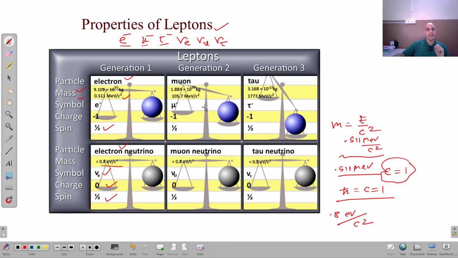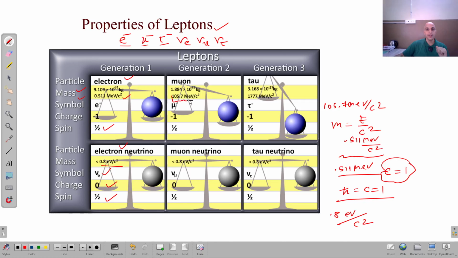Now, if you come to the second generation, muons, right? Muons are heavier than the first generation particles, I mean electrons. The mass is 1.884 into 10 raised to power minus 28 kilogram. In terms of energy, it is 105.7 mega electron volt upon c square.